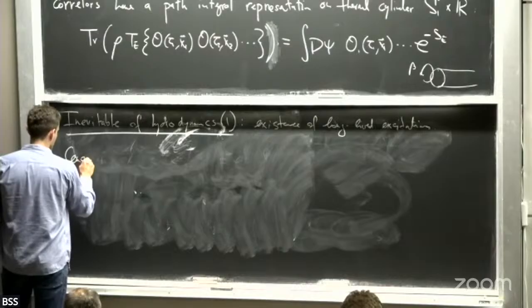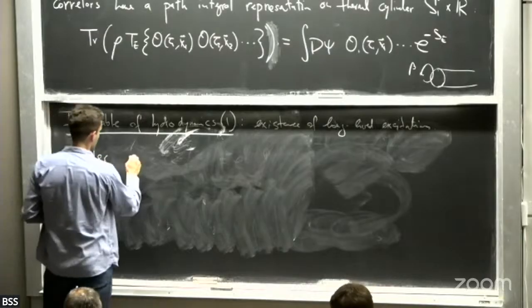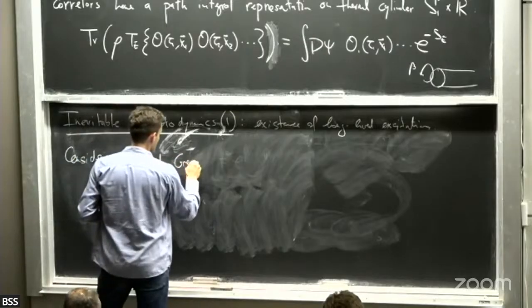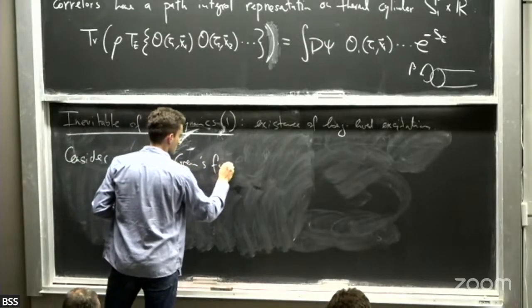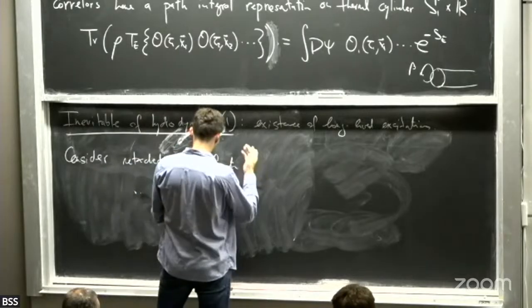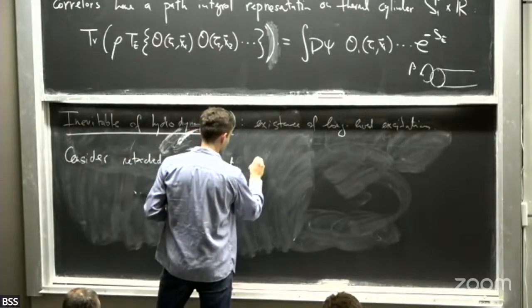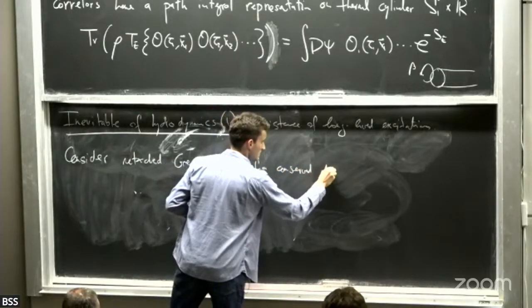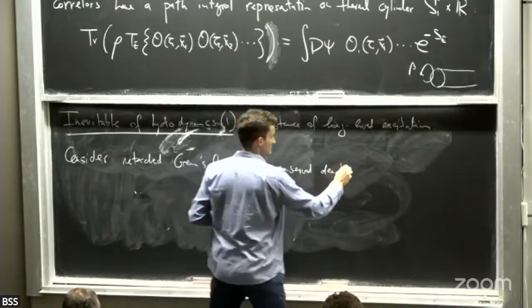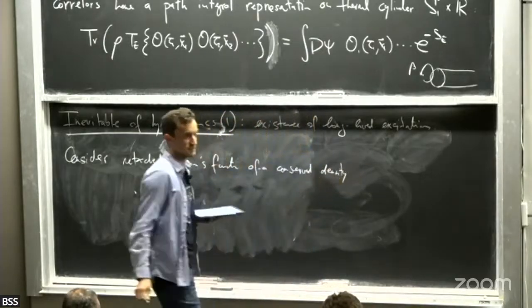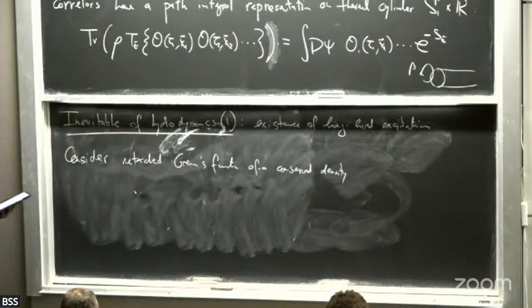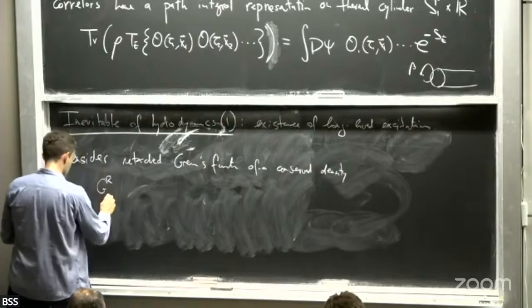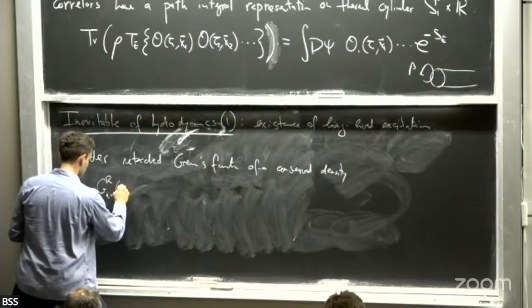We'll consider the retarded Green's function of a conserved density. It could be charge density, energy density, spin density, whatever quantity you're interested in. I'm assuming at least energy is conserved, let's say.